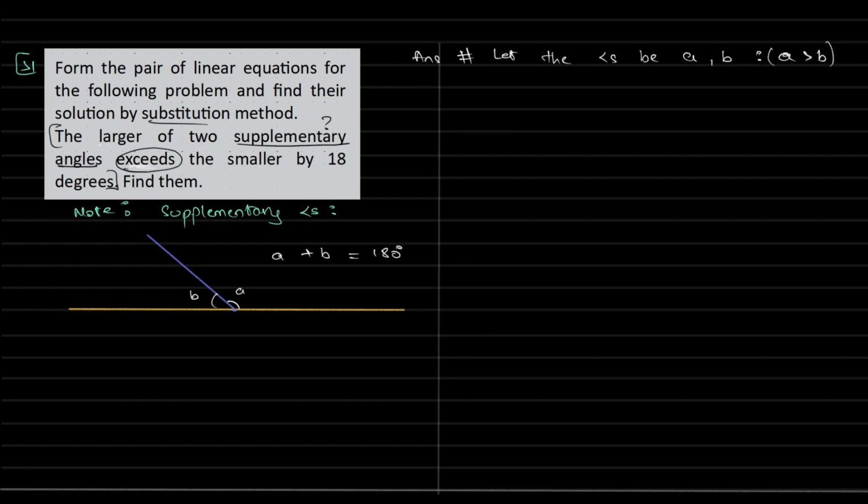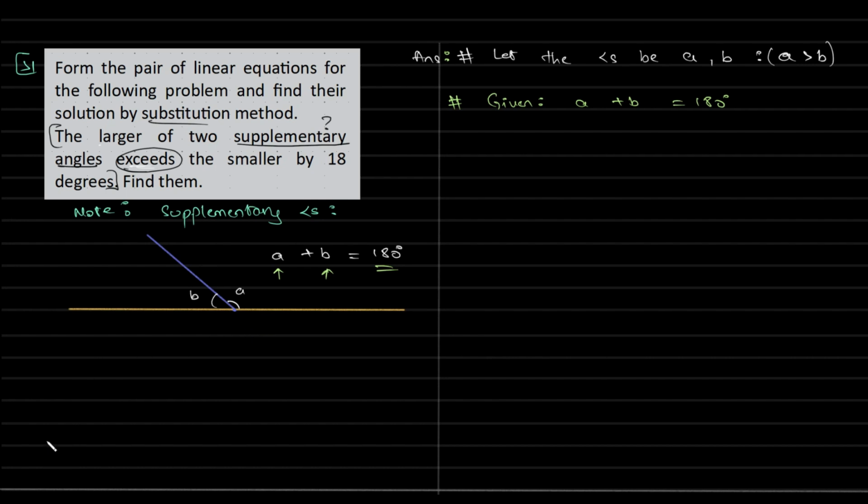It makes the word problem easy to solve. So what is given? When I take the sum of the two angles, it's equal to 180 degrees. Why is it so? See, supplementary angles are the angles that when added will be equal to 180 degrees. Okay, that's the whole point.